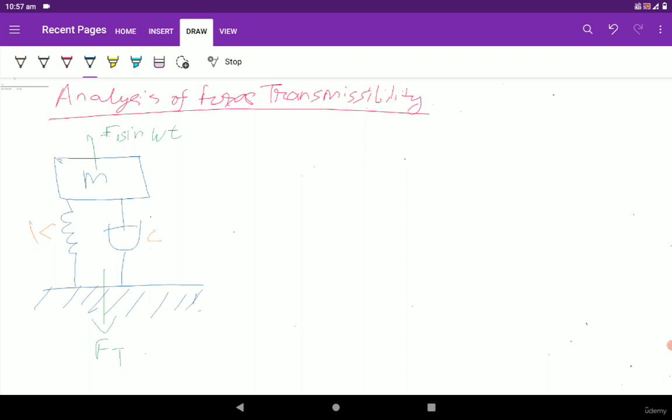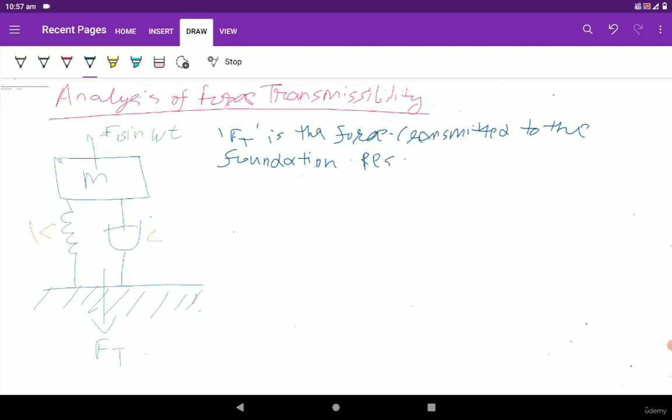Ft is the force transmitted to the foundation, which will be the resultant of spring force and damping force.